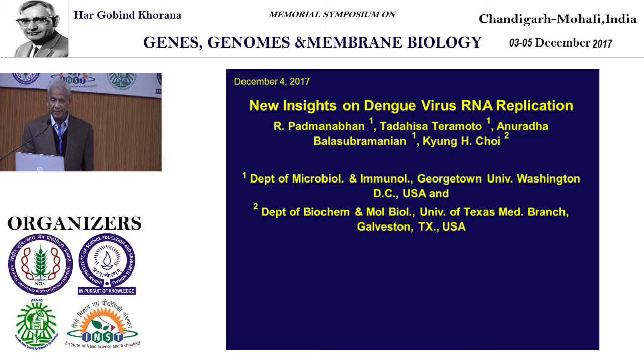So now we are working with the dengue virus, and my collaborator in this project is Kuyung Choi. She is a faculty member at the Department of Biochemistry and Molecular Biology at the University of Texas.